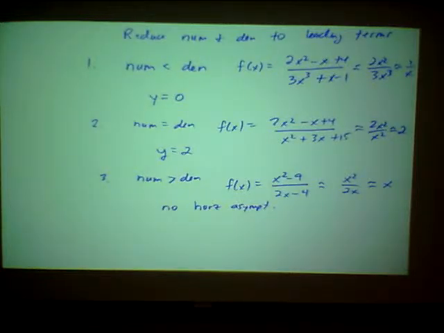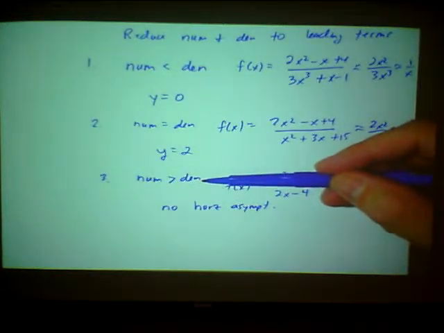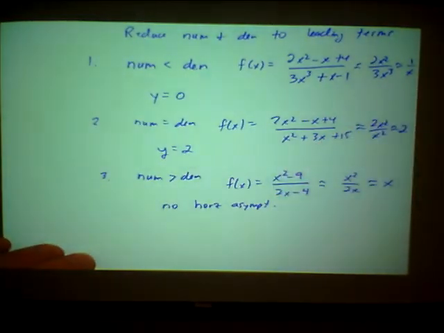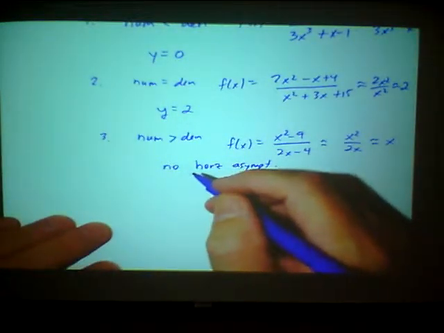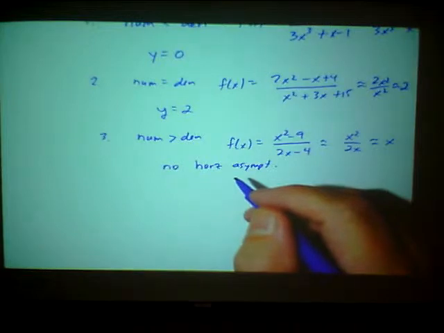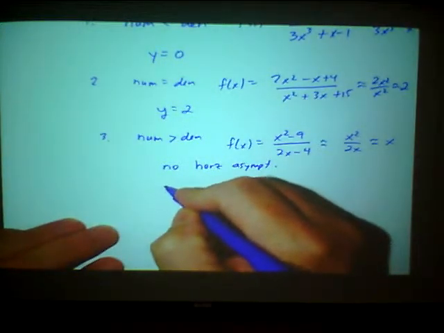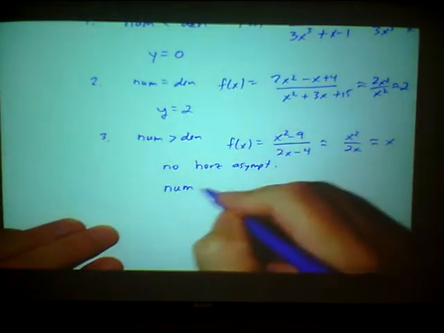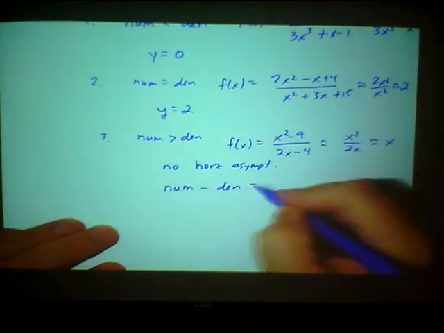And that's the case. But now we have one special situation under the category when the numerator is greater than the denominator. And that's if the numerator is only greater by 1. Here's one way I thought about it: if you take the exponent on the variable in the numerator and subtract the exponent on the variable in the denominator, it equals 1.